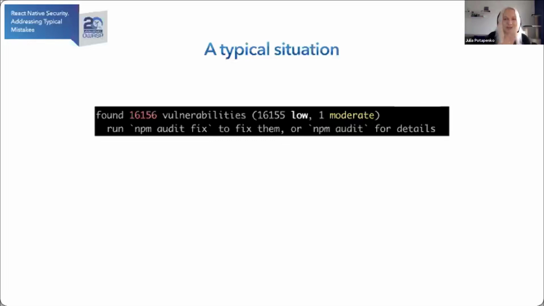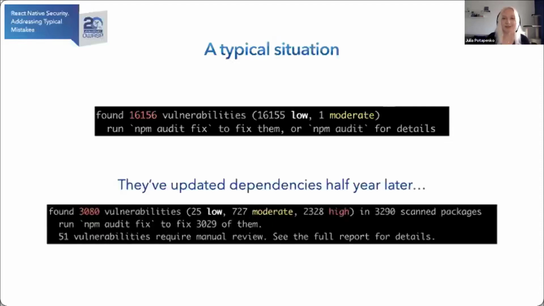And sometime later, they updated their dependencies, and we received that. Well, and it is after the update. And I'm not sure what is better, to have 16,000 low vulnerabilities or 2,000 high. Well, so the next recommendation is just to remove these libraries with unfixable high issues.